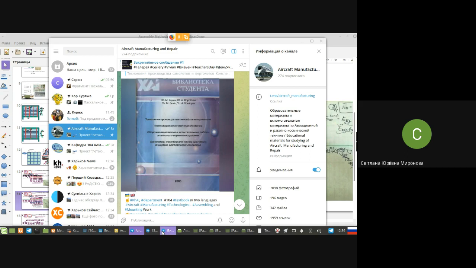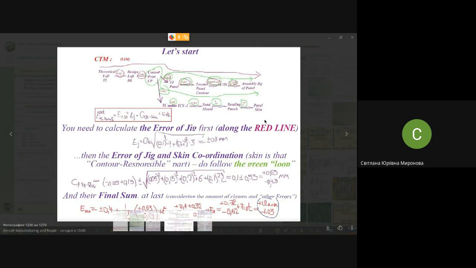Well, what do we have in the slides? Do we have a calculation example? Yes, we have. Pay attention. First, we need to calculate error of jig along what you see, the top line. Next, you need to calculate. No, in this example, colors are different. Whatsoever, we are going to use these slides right now. And finally, calculate the sum and multiply this sum by 100. Now you see the different errors.